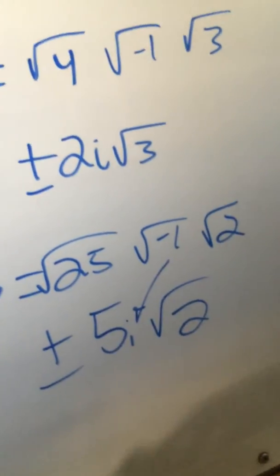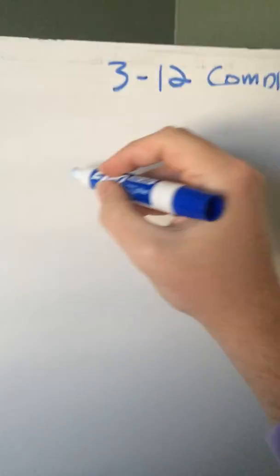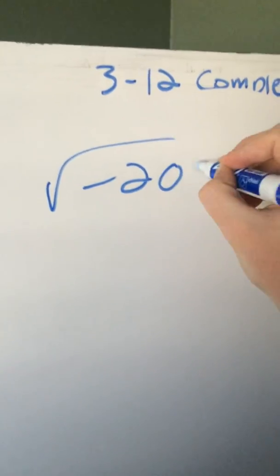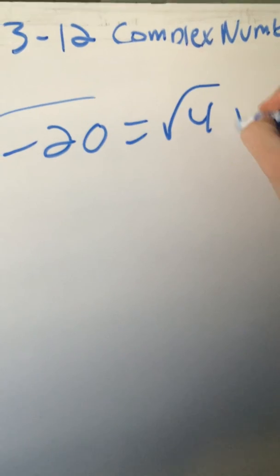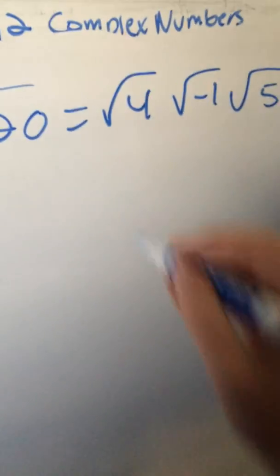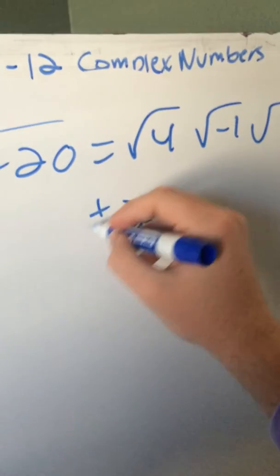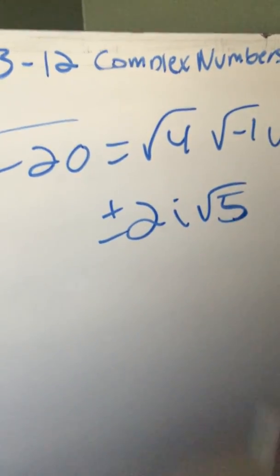Another problem, a couple more problems with that. The square root of -20 is equal to square root of 4, square root of -1, square root of 5. So again, you have plus or minus 2i square root of 5.